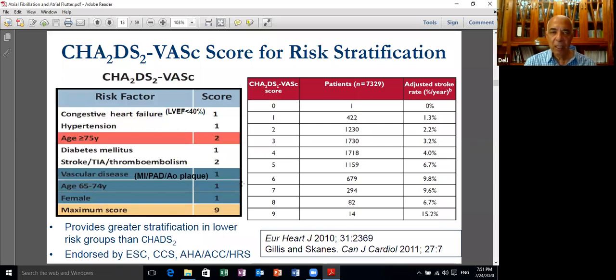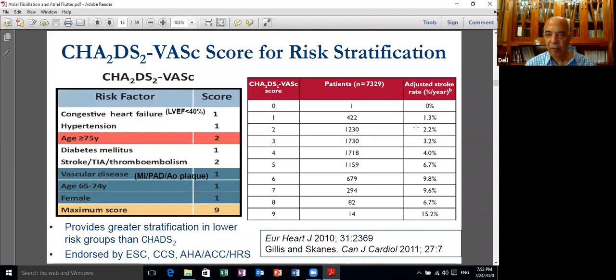Previously, we were using the CHADS score, but the CHADS score suffered in that a zero CHADS score is not associated with zero risk of thromboembolism. And because of that, it was associated with 1.9 or 2% thromboembolism, which is equivalent to the risk of giving anticoagulants.